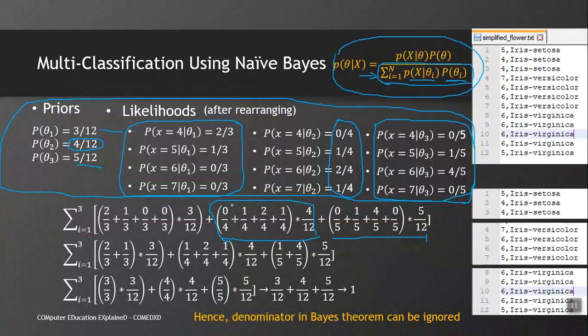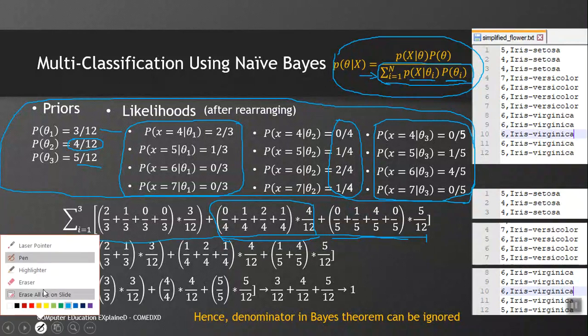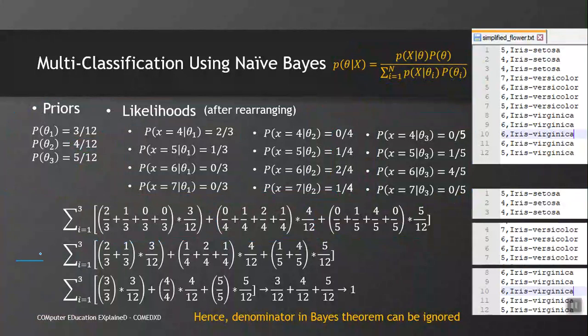I hope you are able to understand how this expression has been derived. And now, in the next 2 steps, we just simplify these expressions and the result comes up 1.